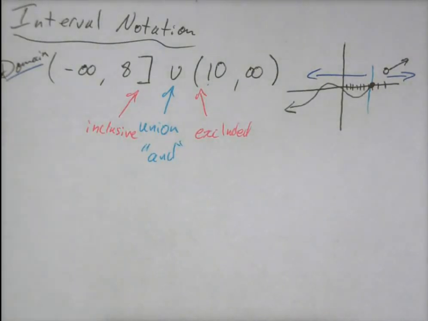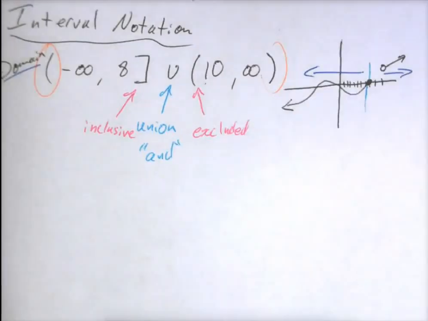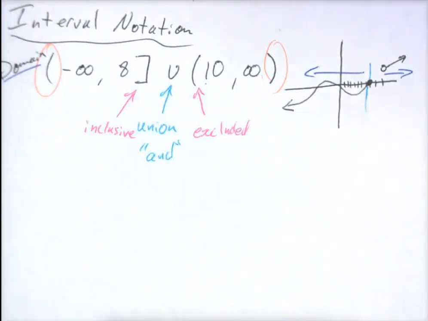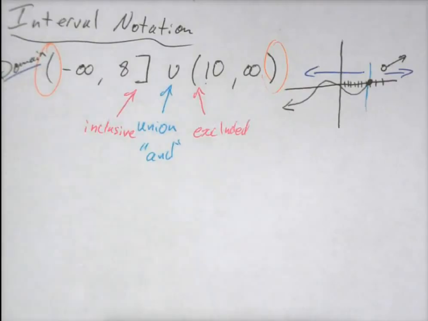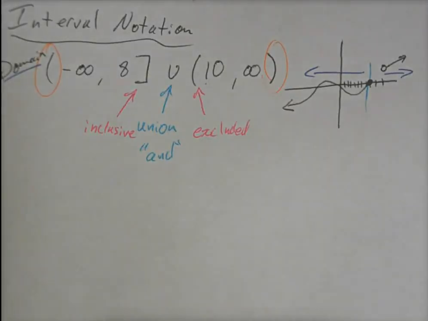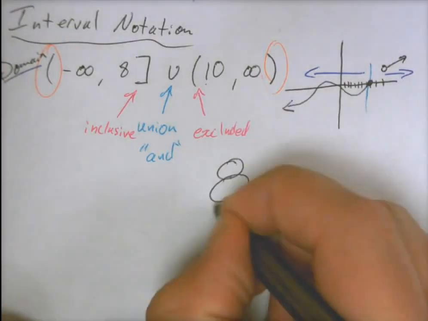Make sure you have the union if you have a break. Notice on the infinities, they're always going to be parentheses because there's not one definite stopping point, so we do not know what actual number we're going to. You could have infinitely many infinities, and it just keeps getting higher because there's no stopping infinity, right? It's just more and more and more until we go crazy.